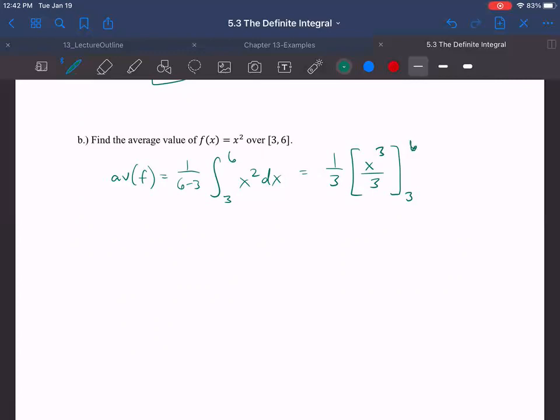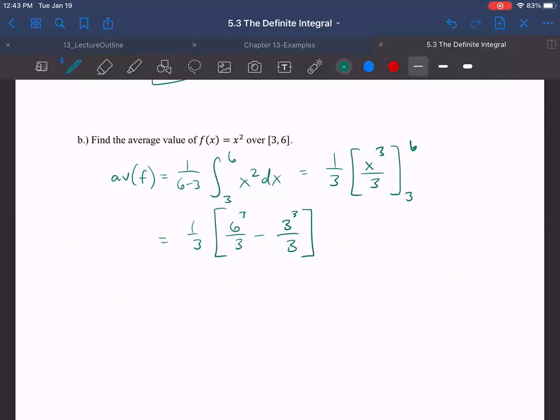All right, in which case what we do is we have that 1/3, and then we're doing 6 cubed over 3 minus 3 cubed over 3, like that. That's what that evaluated from 3 to 6 looks like.